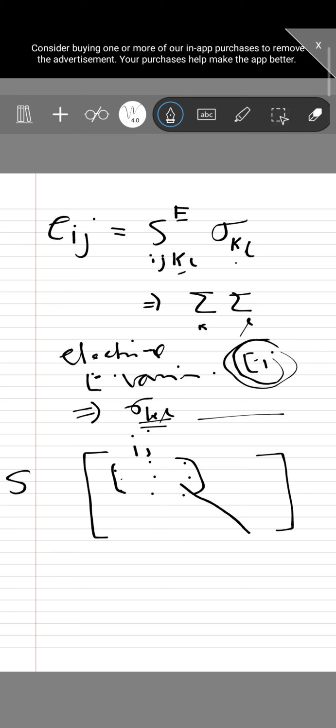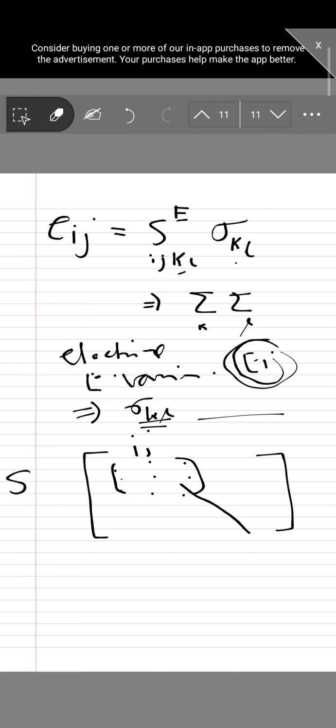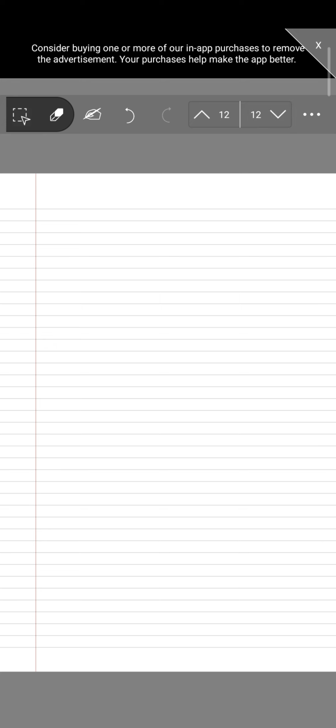Now what about the piezoelectric coefficient? If we would like to represent the coupled reactions taking place, the coupled effect, then you also need to consider the piezoelectric part.